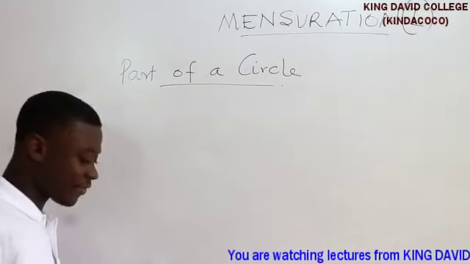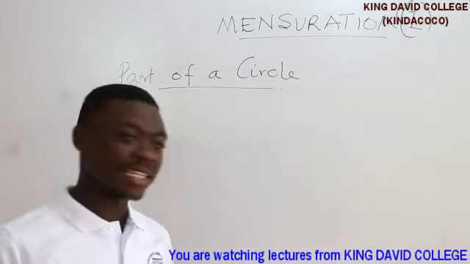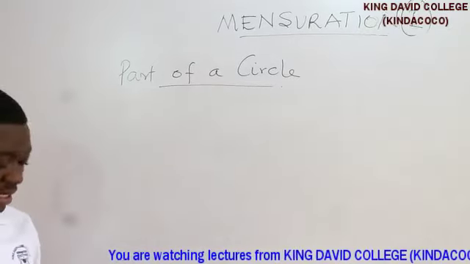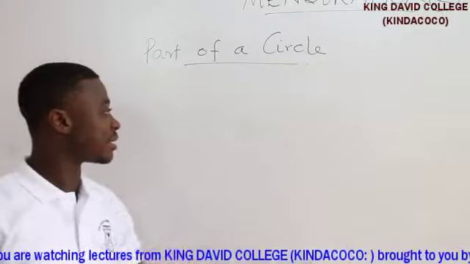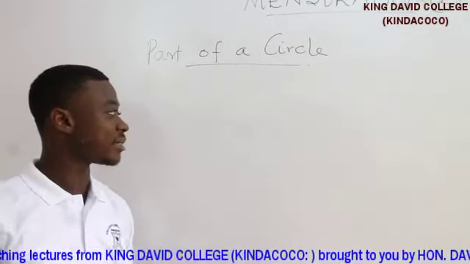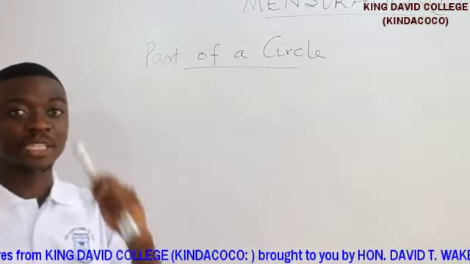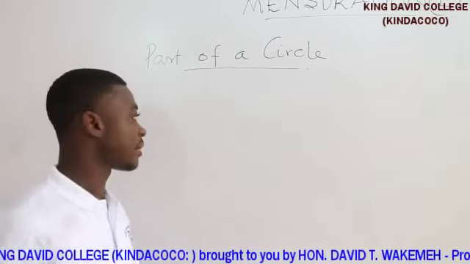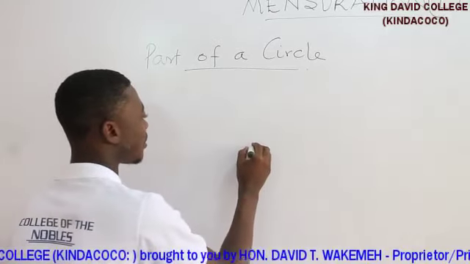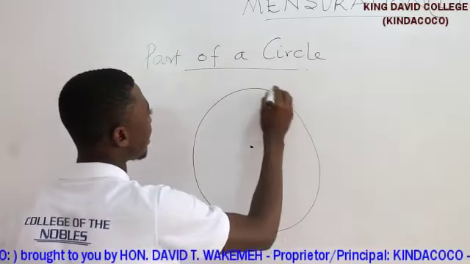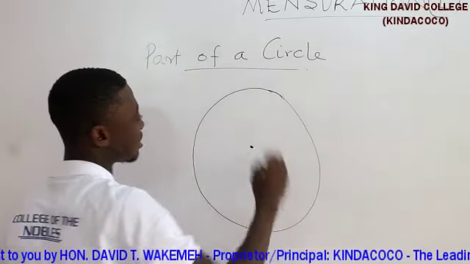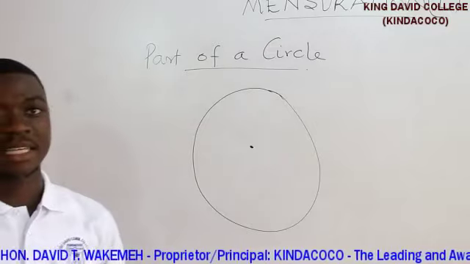Now, I believe right from early stages we know what a circle is. A circle is bounded by a complete arc, which is called the circumference, and it has a center. So if we have a center here and then we bound it like this, then this is what we call a circle.